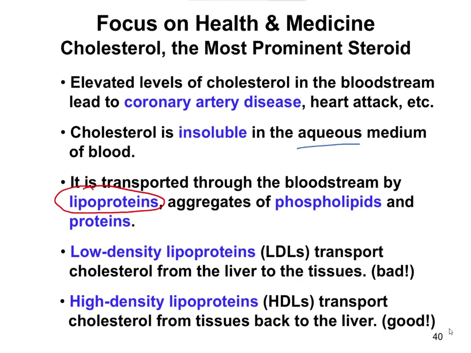There are two main classes of these lipoproteins: low density lipoproteins and high density lipoproteins, abbreviated LDLs and HDLs. If you get blood work done, they'll run your cholesterol levels, and what they actually measure are your levels of HDLs and LDLs. HDLs are considered your good cholesterol, and LDLs are considered your bad cholesterol. Keep in mind that these HDLs and LDLs are aggregates of proteins with phospholipids, so they go together in one structure.